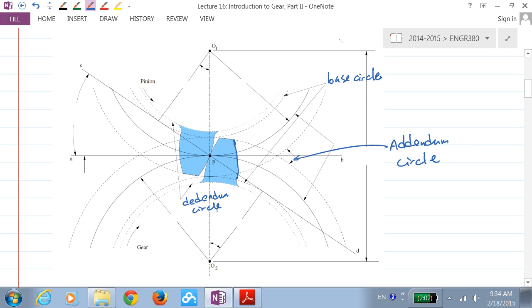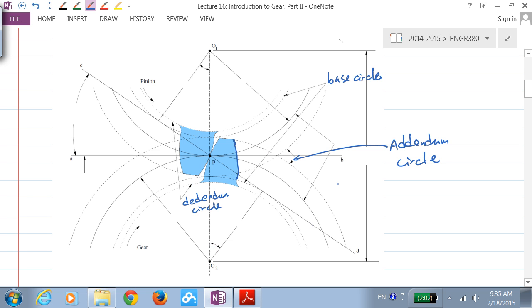Now you have basically an idea here. You connect the two origins of the pinion and the gear. Then each one of the pinion and the gear has a solid circle. There are two solid circles here, and they're tangent to each other.